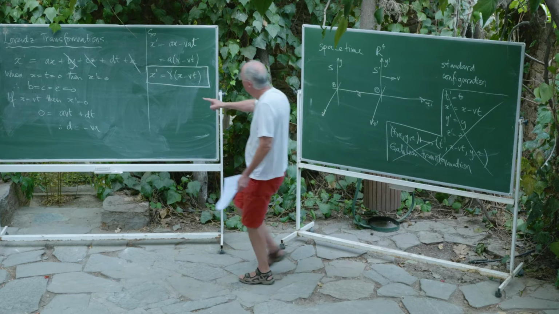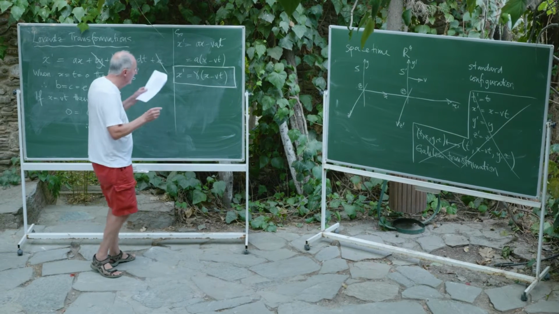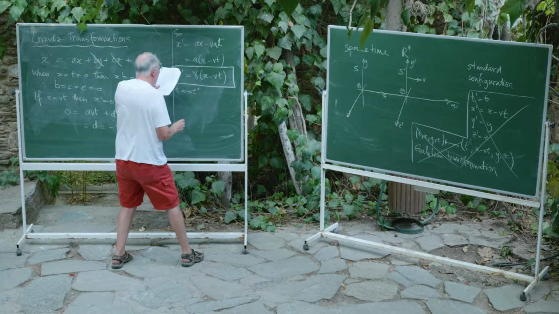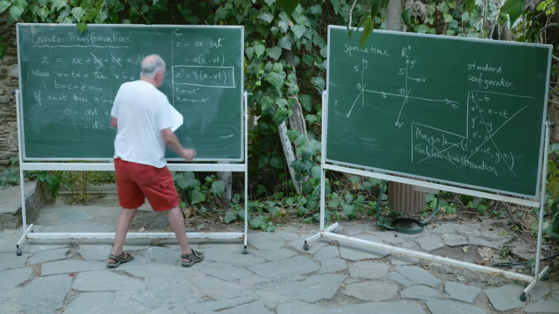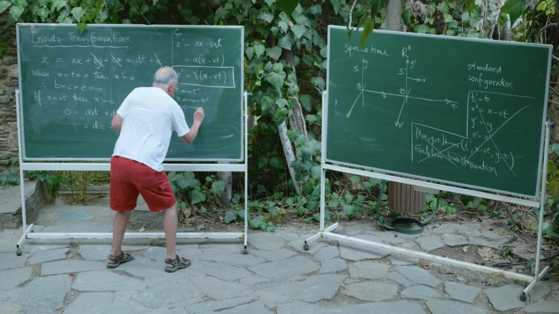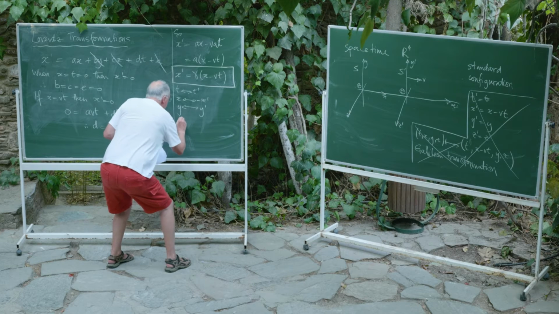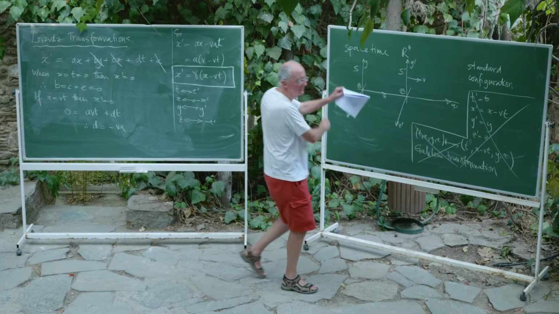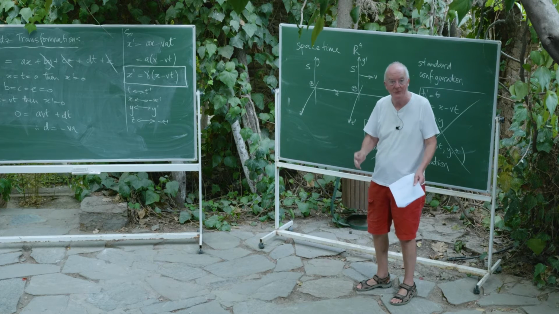In other words, this equation will still be true under the following relabeling, and I've written it out in the notes. You leave t alone. You exchange x and minus x dashed. You leave y alone. And you exchange z with minus z dashed. So you're exchanging the two. You're changing your mind about which of these two frames of reference is at rest.